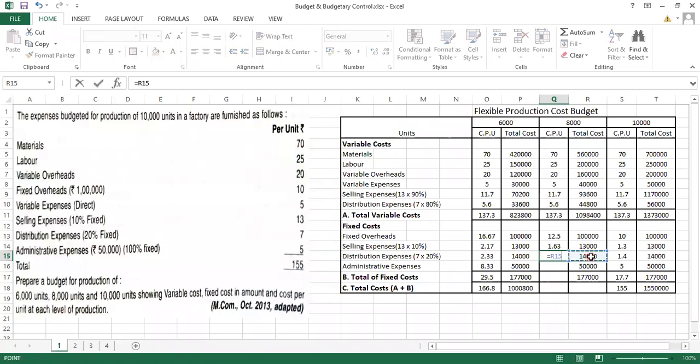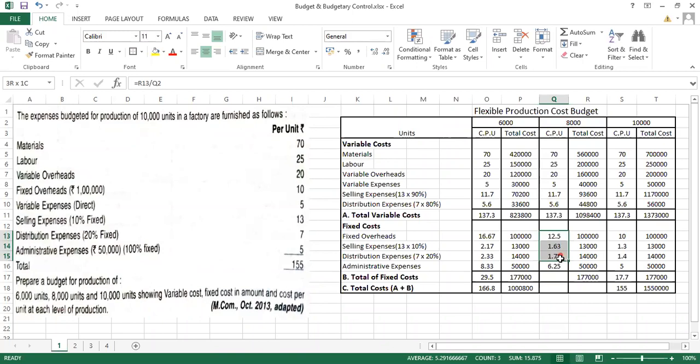Same way, 14,000 divided by 8,000. 1.75. 50,000 divided by 8,000. 6.25.